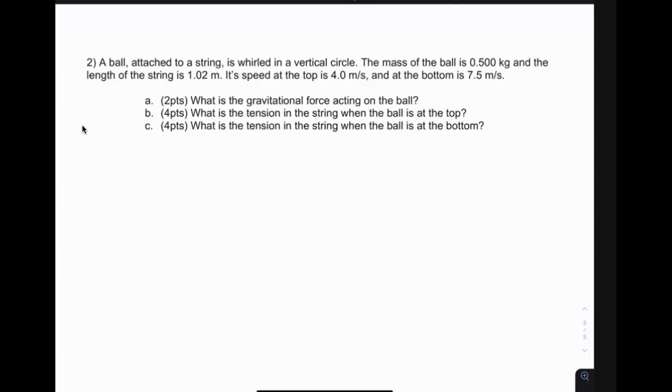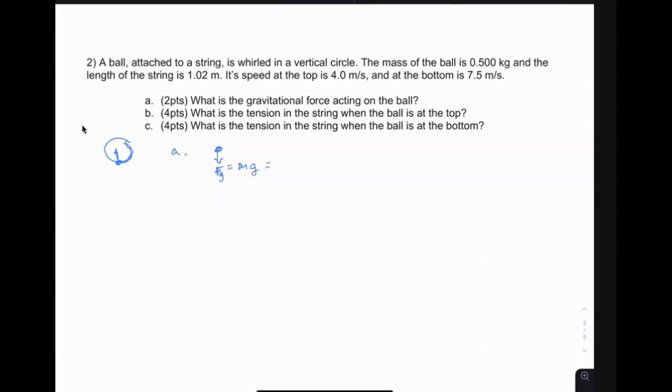So, first we draw it. And say, at any instant, the ball feels a gravitational force as it goes around the circle, always pointing down, and equal to m times g.